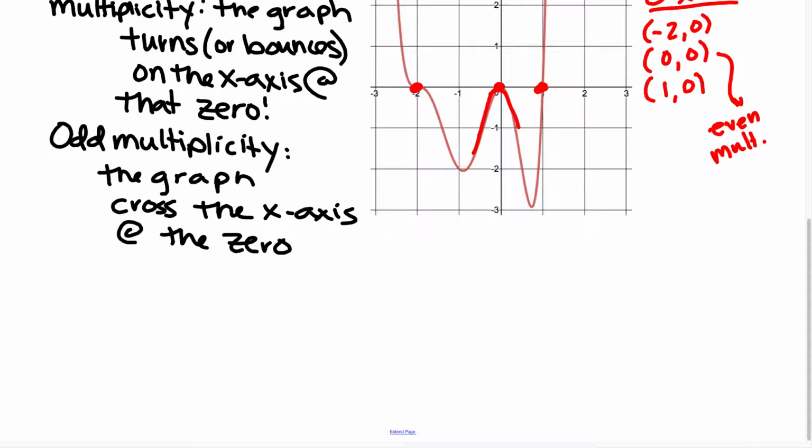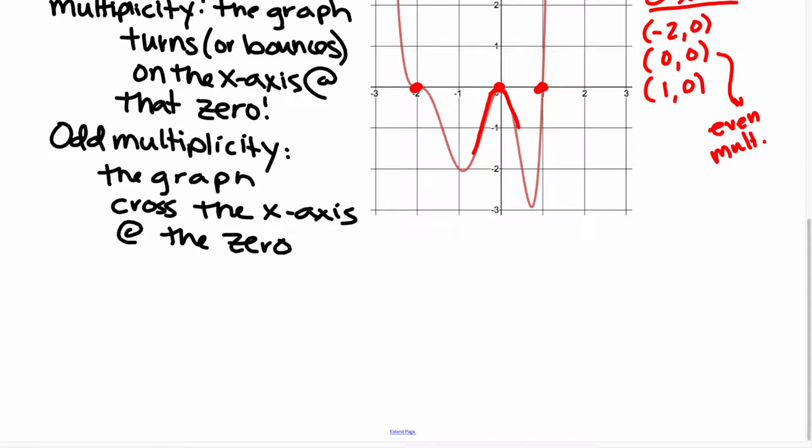So if you ever notice that on a graph, the graph is actually crossing the x-axis, that would mean it would have to have some odd multiplicity. The most common is a multiplicity of 1, where it doesn't really repeat, it's just a (1, 0). But we would consider that to have odd multiplicity so that the graph is actually crossing the axis.